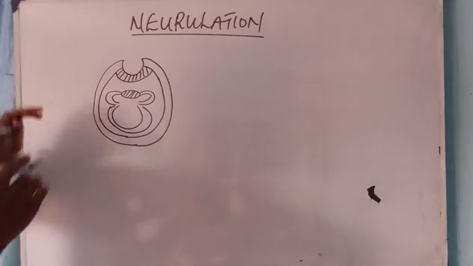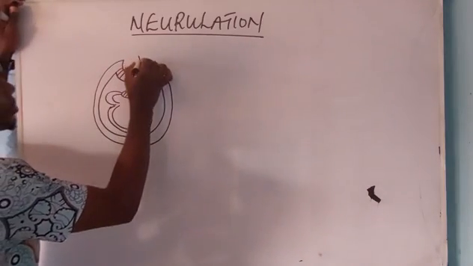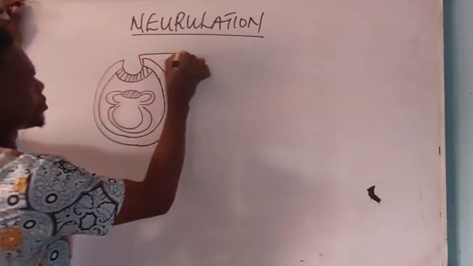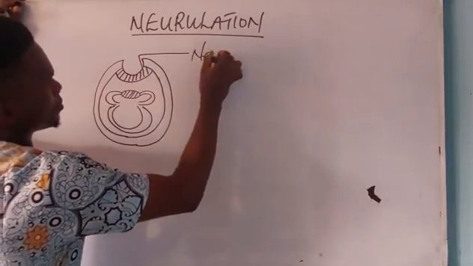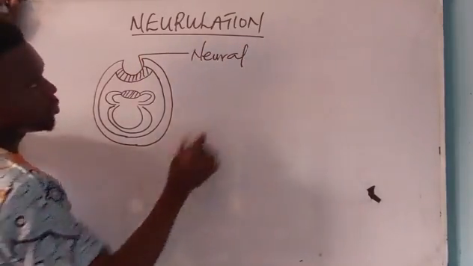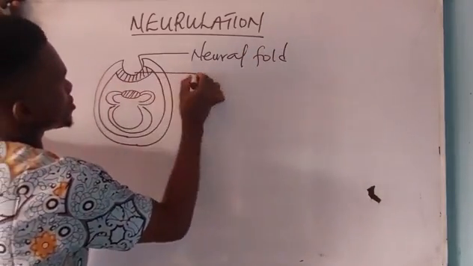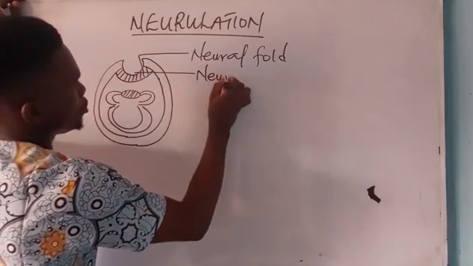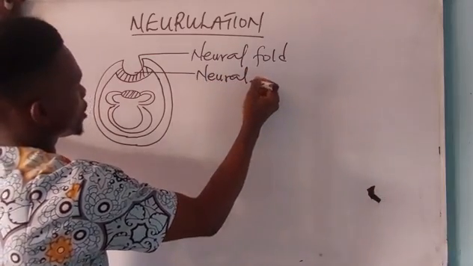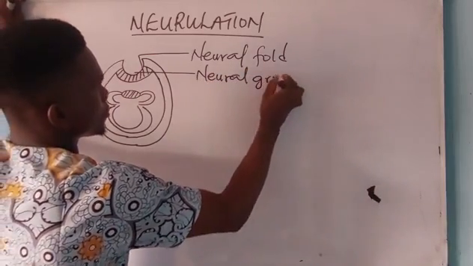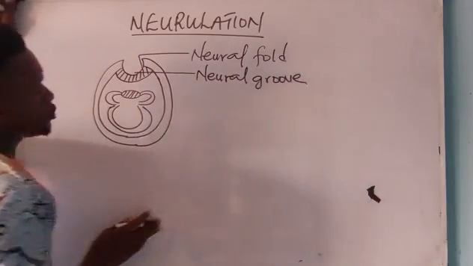So this part is called the neural fold. Here is the neural groove.